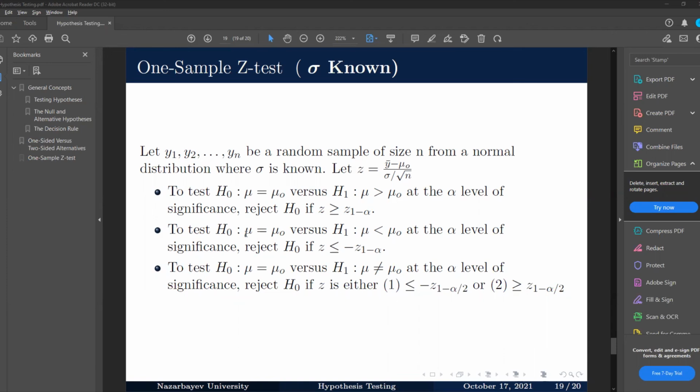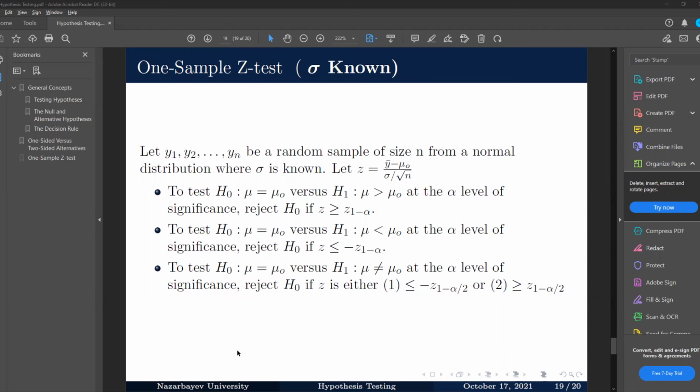And to test the null hypothesis mu equals mu naught versus the alternative mu is less than mu naught at the alpha level of significance, reject H naught if your test statistic is less than minus this critical value. This corresponds to the 1 minus alpha quantile of the standard normal distribution.